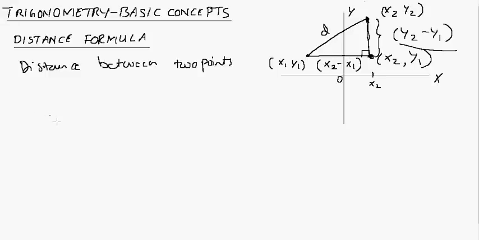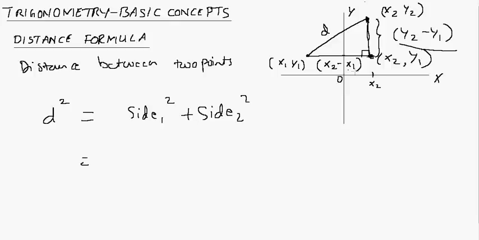Now using the Pythagoras theorem, we know that the hypotenuse squared, which is d squared, is equal to side 1 squared plus side 2 squared.